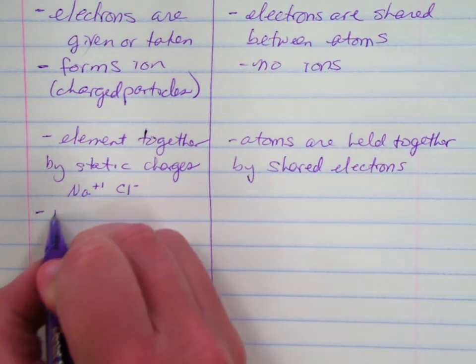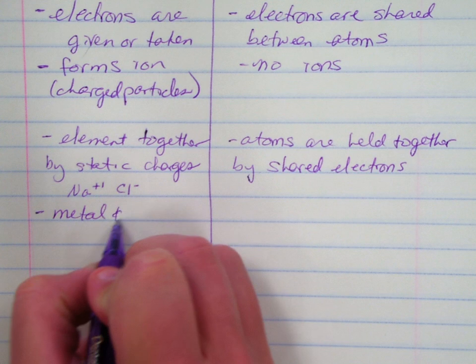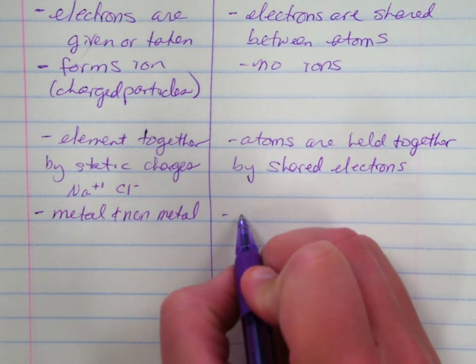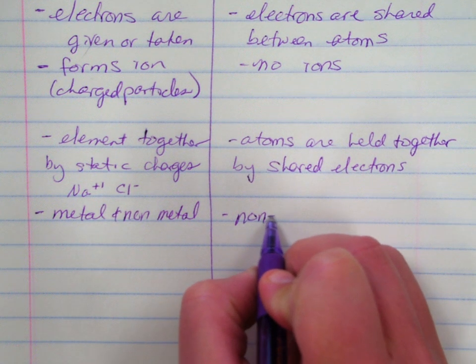Ionic compounds form between a metal and a non-metal. But covalent bonds are between non-metal and non-metal.